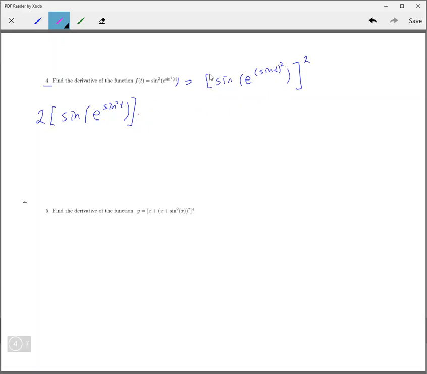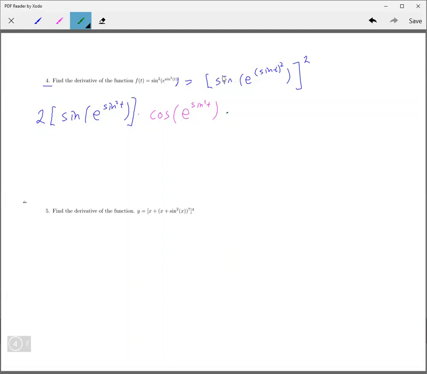But this inner function is also a composition. So think of this as sine of u now. So the derivative of that is cosine of u, or it's cosine of e to the sine squared t, times the derivative of the inner function here.